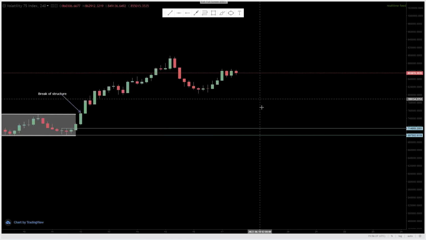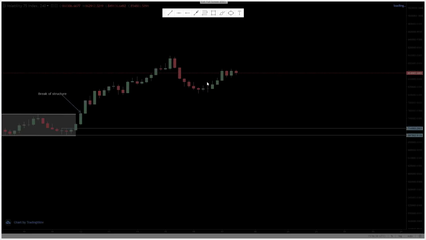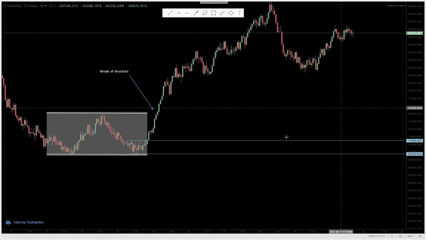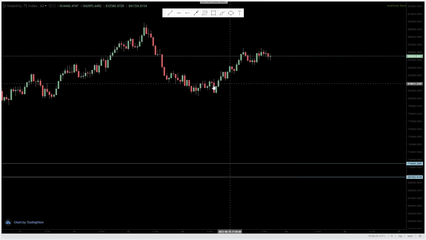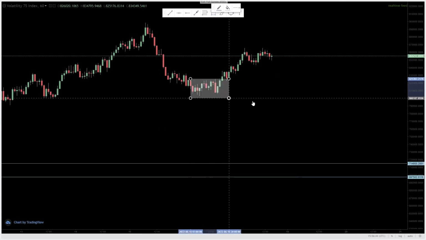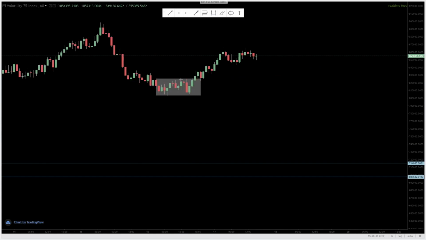Also, if we go on a 1 hour time frame, you'll see again that there is a bullish order block here. It is going to be impossible for you to see it at first. But if we now mark the area of the structure like this, you will discover that this level here is a bullish order block.